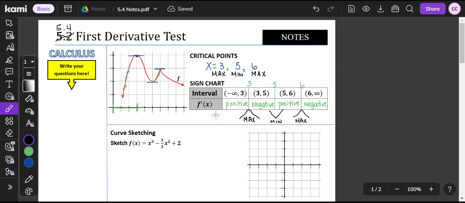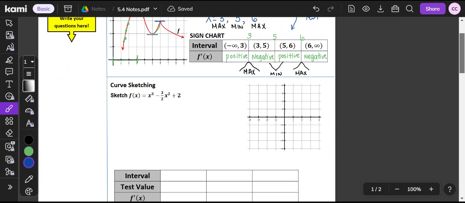This is where the first derivative test comes in handy. And once again, the first derivative test is this table right here. Okay, so this table that we set up is the first derivative test.